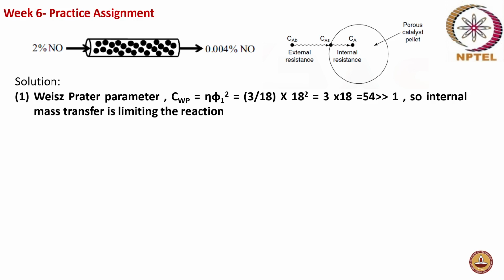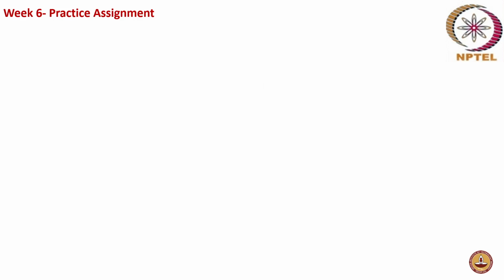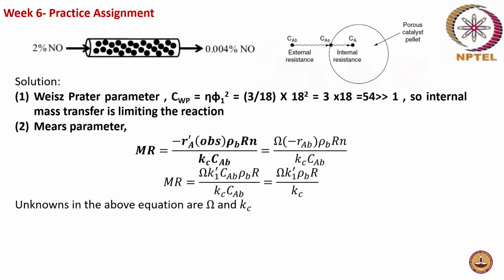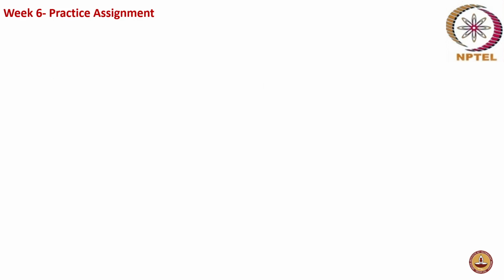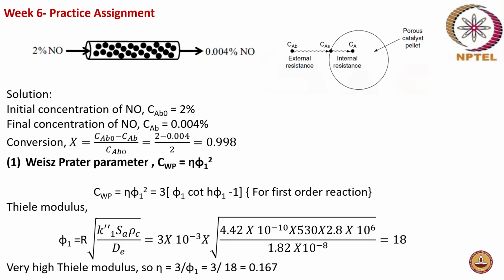Now, let me say one more thing. Do we really need this value, or can we find out at a much earlier stage whether this reaction has an internal mass transfer limitation? We know that your Thiele modulus is 18, which means it is very high.